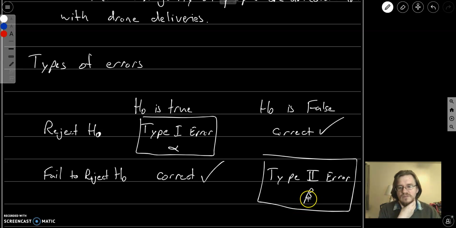So there are different types of errors, and depending on the situation, a type 1 error might be a lot worse than a type 2 error, or vice versa. So depending on the situation, we may want to minimize alpha, the probability that this happens, or we may want to minimize the probability that we get a type 2 error, minimize beta. And that's just a brief overview of errors.